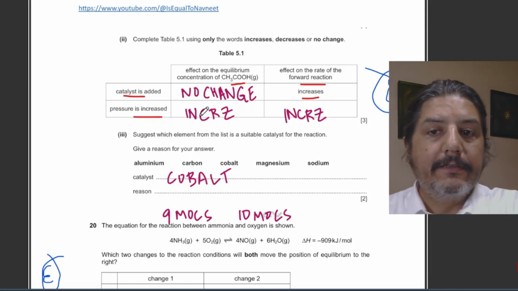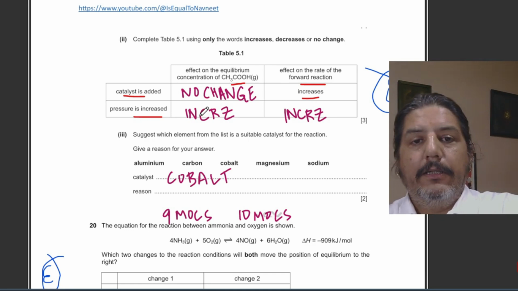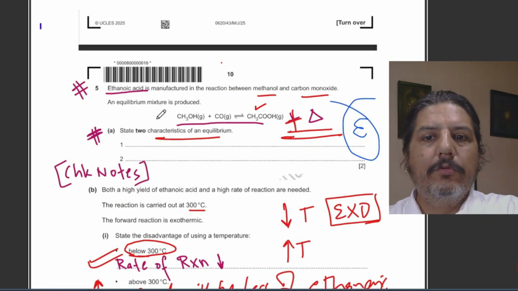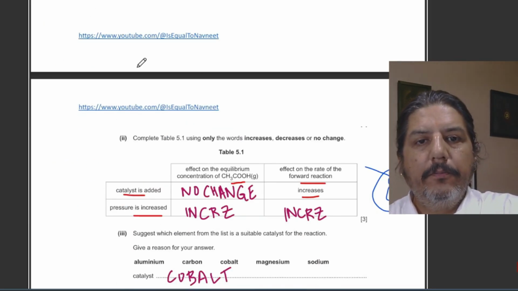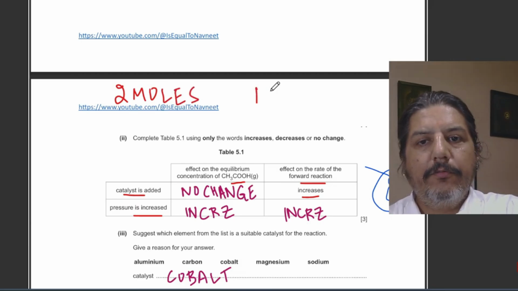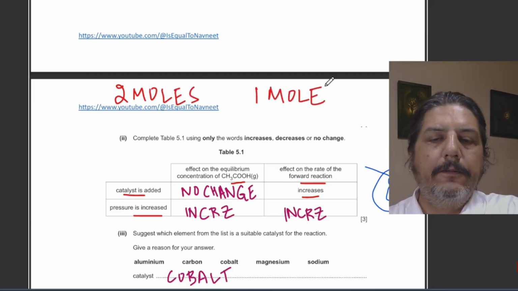Now, if the pressure is increased, as I have told you earlier, whenever a question is asked about pressure, you should always look at the number of moles. So there are 2 moles of reactants, and we are forming 1 mole of product.